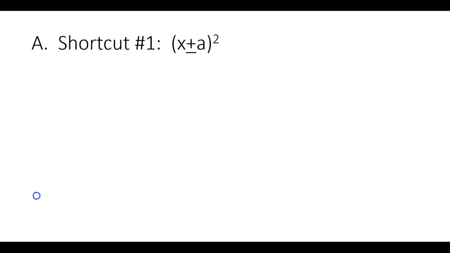So here's shortcut number 1. If you ever have a binomial being squared, that means you're multiplying that binomial by itself. I'm putting plus and minus because it could be plus or minus.